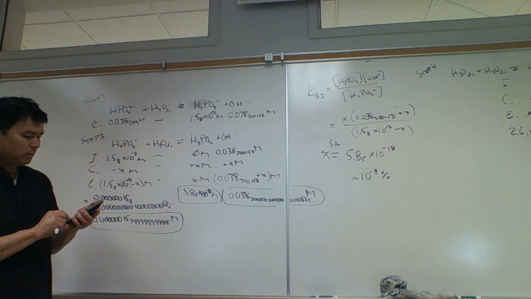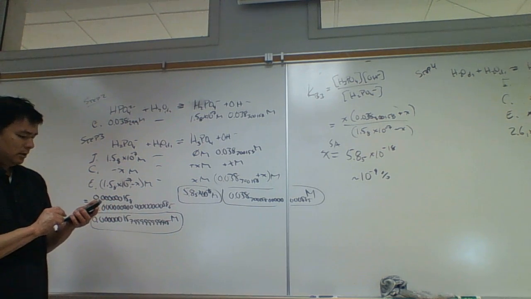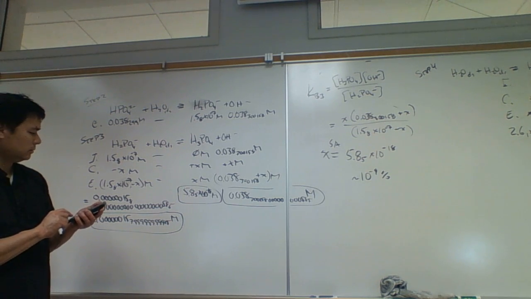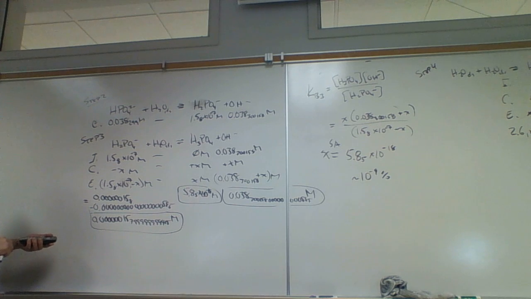So this was 5.85 times 10 to the negative 18 divided by, actually, times 0.038300158.